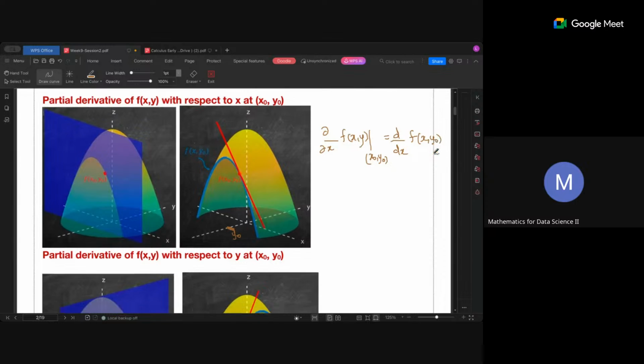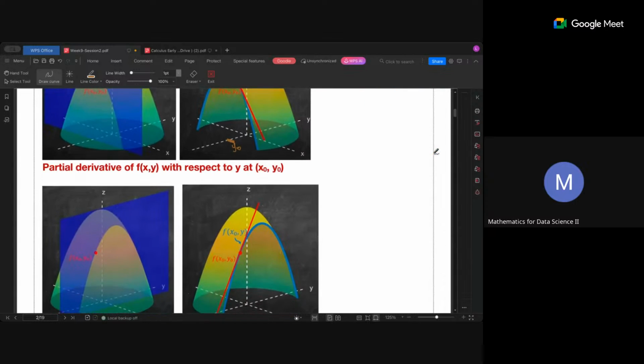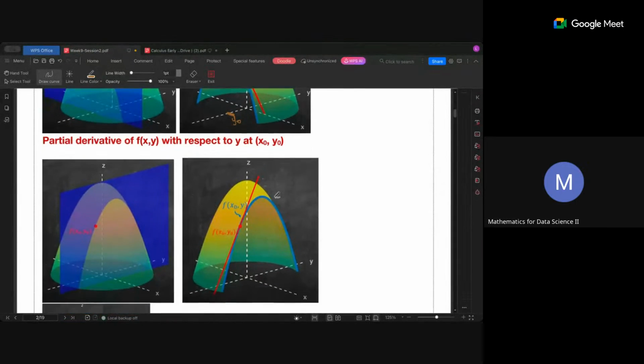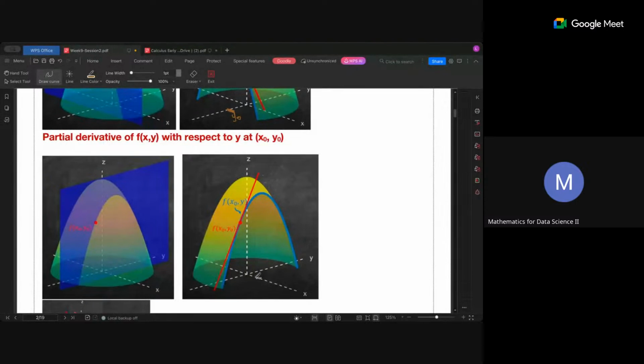Okay, similarly, when you are talking about partial derivative with respect to y at x naught comma y naught, what are you doing? You are actually fixing the x value. So here your x value is x naught. Now you are considering the slice along x is equal to x naught, then you will have this particular curve.